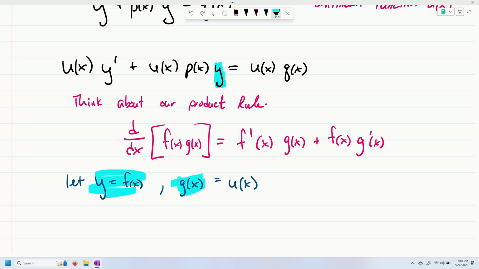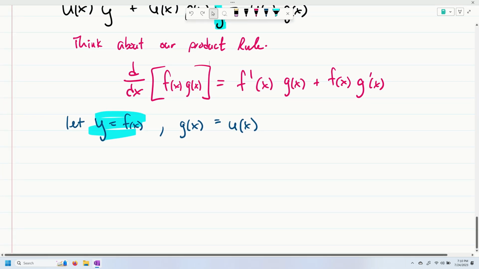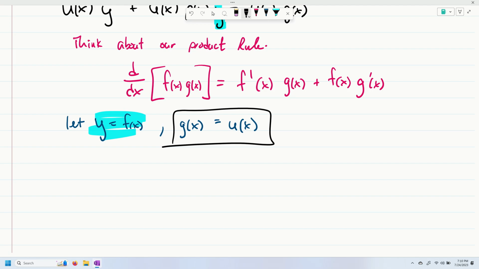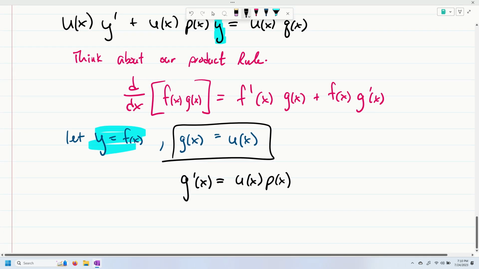So when we go ahead and start matching these terms, if we take the derivative of g of x, the derivative of g of x is going to be u of x times p of x, because you have to remember, we kind of have this product rule going on up here.